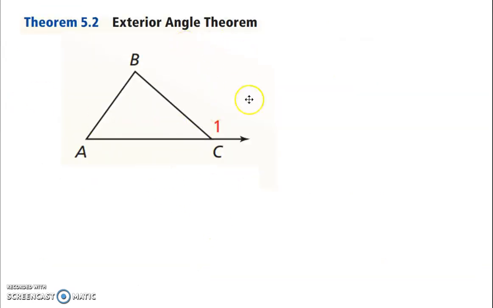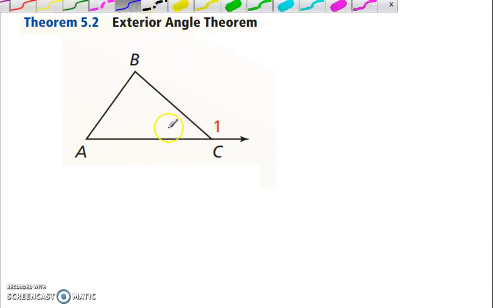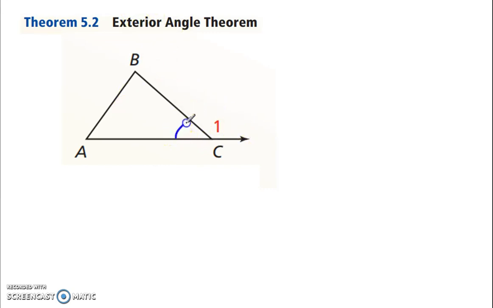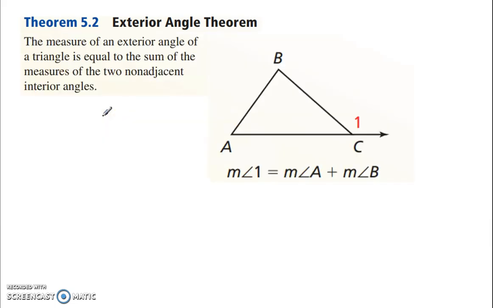All right, exterior angle theorem. If we know that these add up to 180 degrees, C plus this angle is 180 degrees. C plus these two, A and B, is also 180 degrees, which tells me that these two together have to be the same as angle 1.